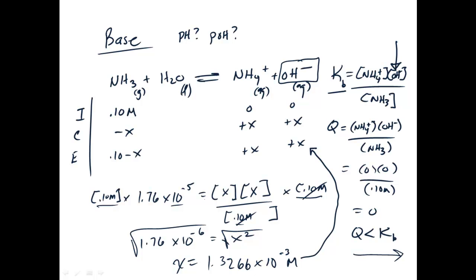So we know that pOH is equal to the negative log of the hydroxide ion concentration. So we're going to take the negative log of 1.3266 times 10 to the negative third molar.